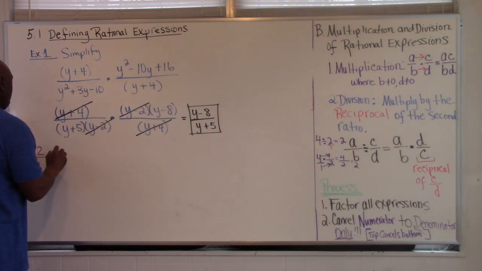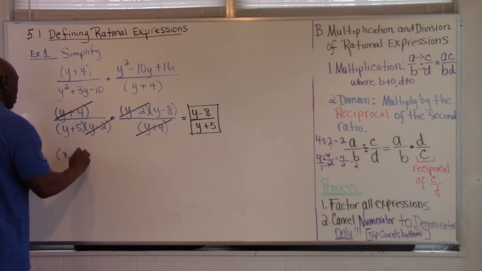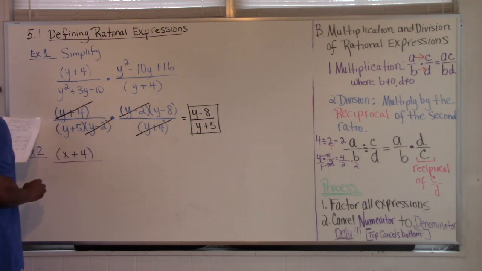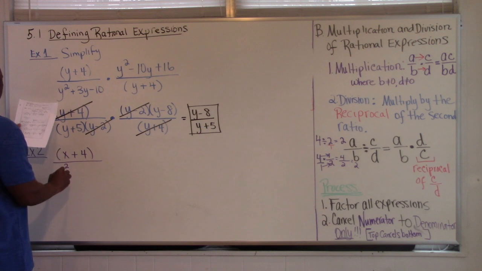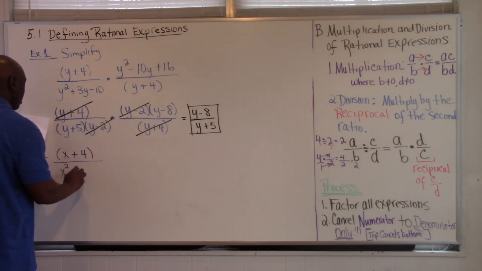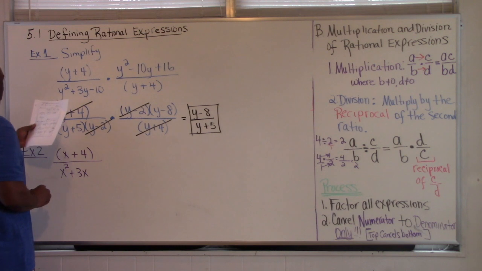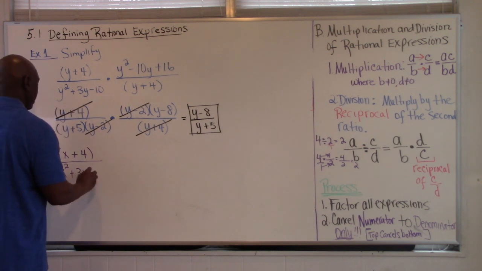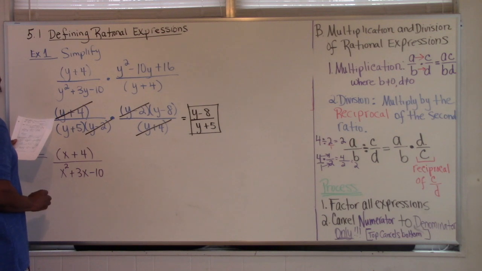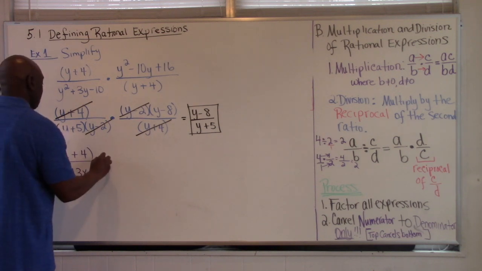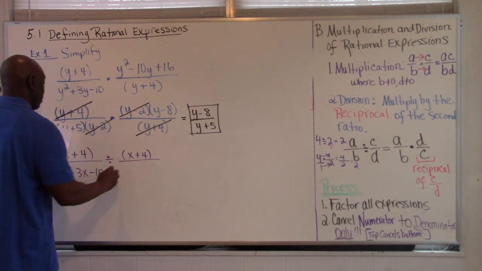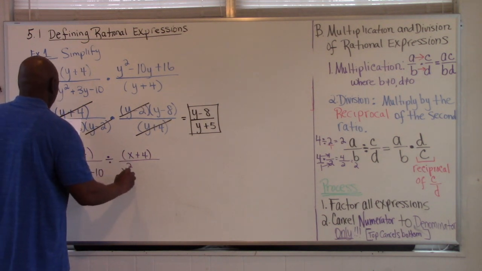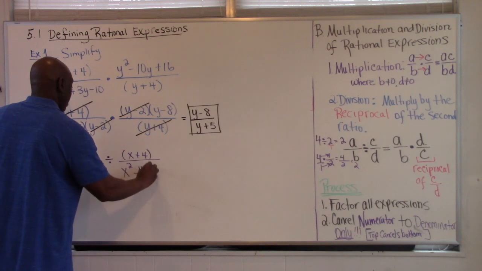Let's go. x plus 4 divided by x squared plus 3x minus 10, divided by x plus 4 over x squared minus 11x plus 24.